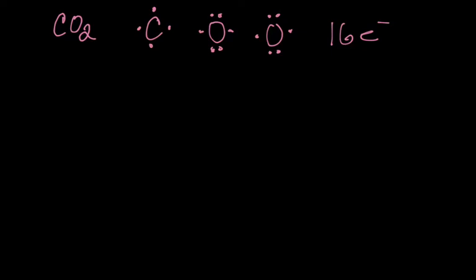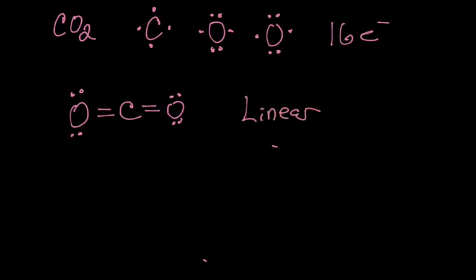So when we draw the Lewis dot structure, we're going to end up with a carbon double bonded to 2 oxygens. And we still have 16 electrons. We should also identify the shape, and the shape is linear with 180 degrees between each of the atoms.